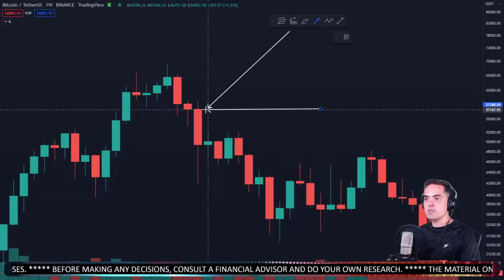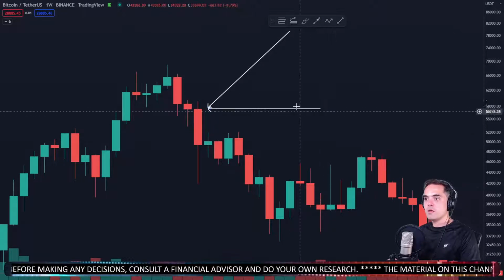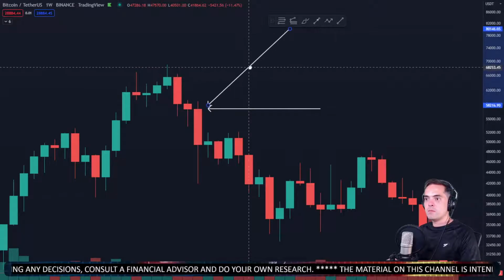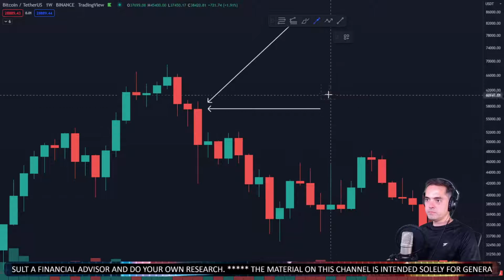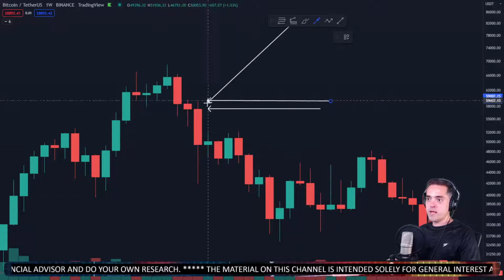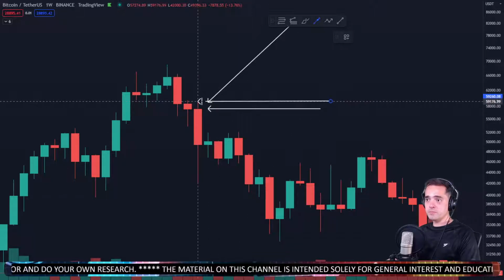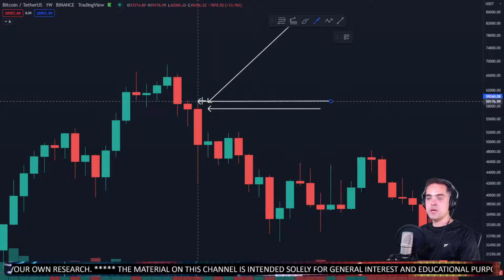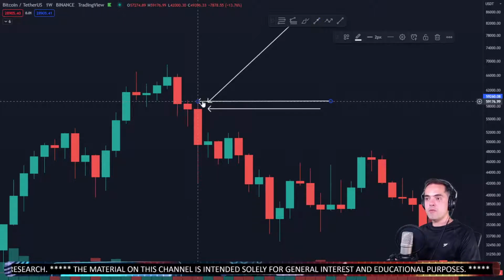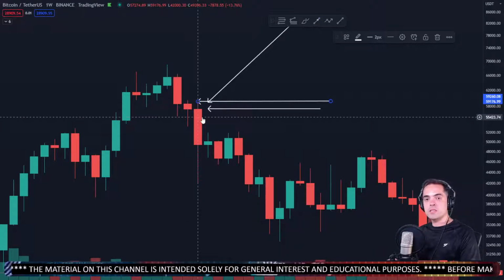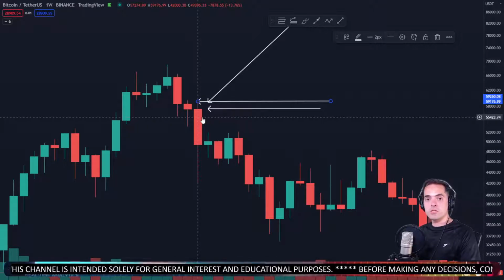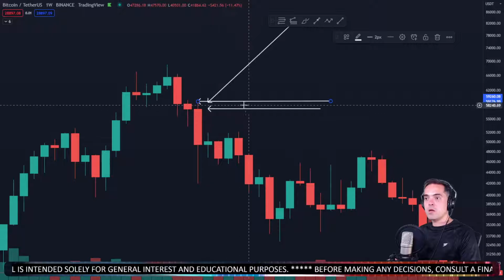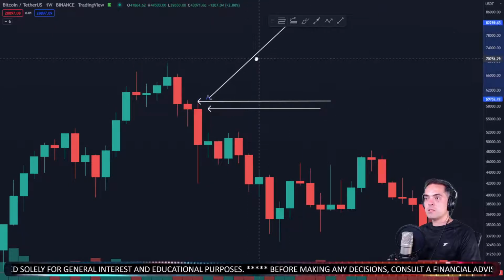The price opens here, and then for that week, remember, we are on a weekly chart, so every candle represents the data of 1 week of trades in the market.